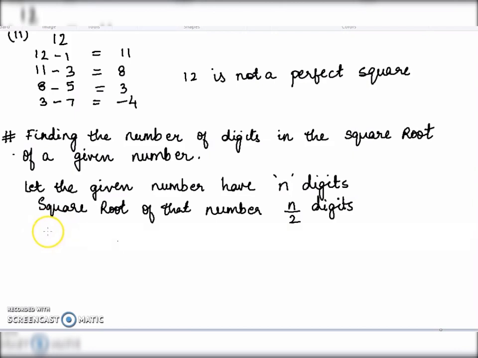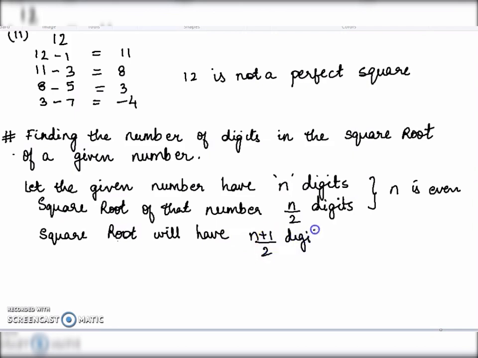Now what if the number is having odd digits? So this is in case of n being even. Now what if odd? If the number is having 3 digits, then square root cannot have 1.5 digits. No? The number of digits cannot be in fractions. So then what do we do? So in case n is an odd number, then the square root will have n plus 1 by 2 digits.